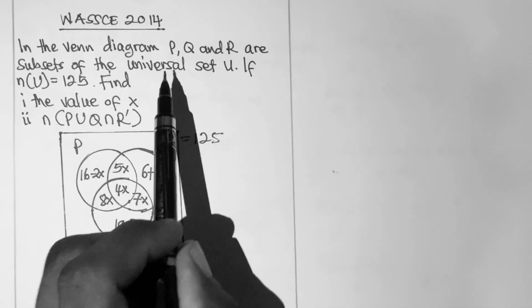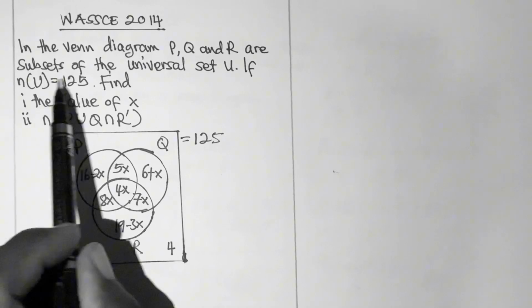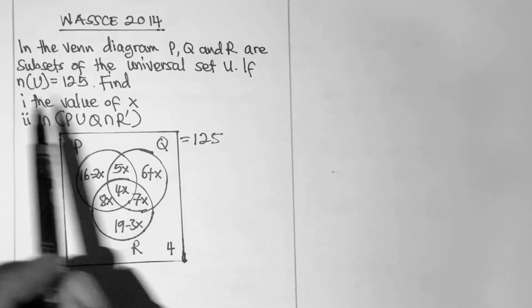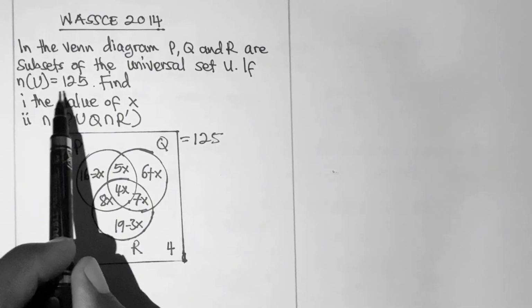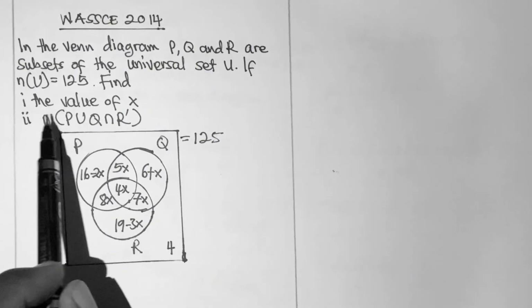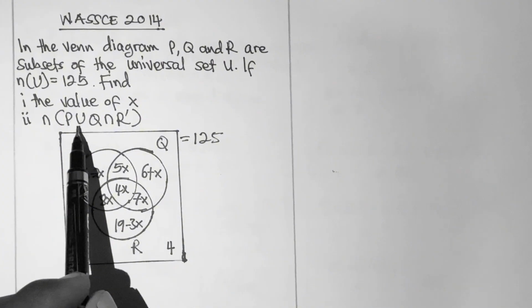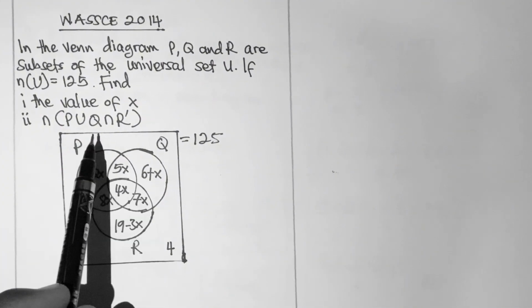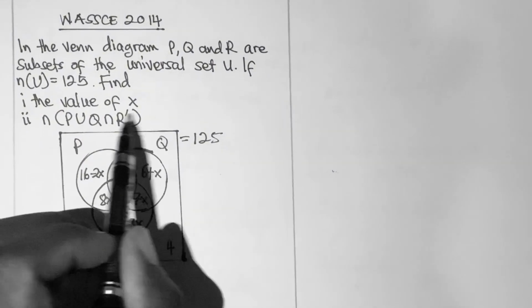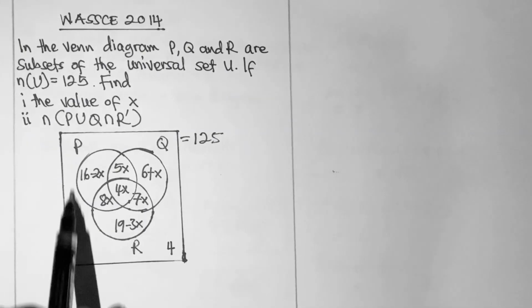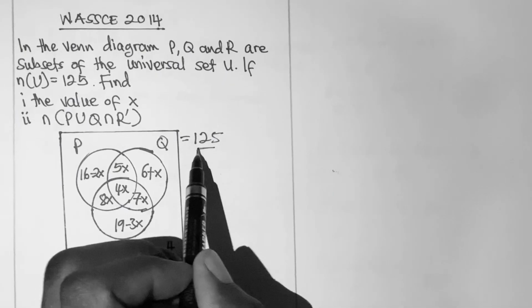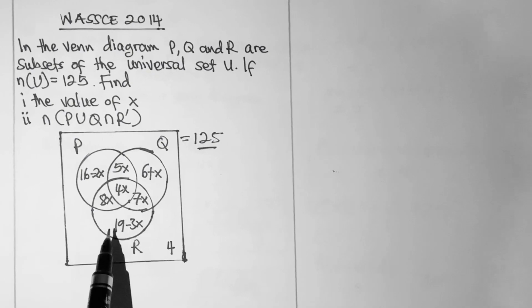In the diagram, P, Q, and R are subsets of the universal set mu. If the number of the universal set is 125, find the value of x, then II. Number of P union Q intersection R prime. So to find the value of x, all we need to do is to sum everything in the Venn diagram and equate it to the universal set 125.